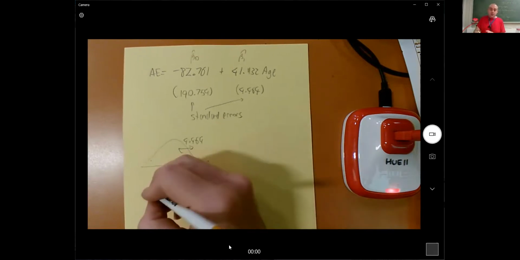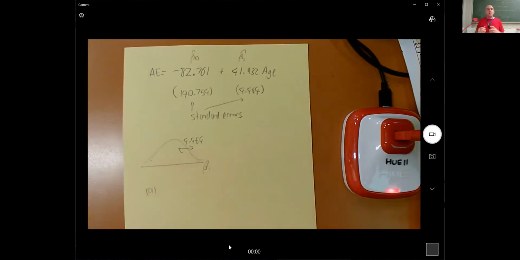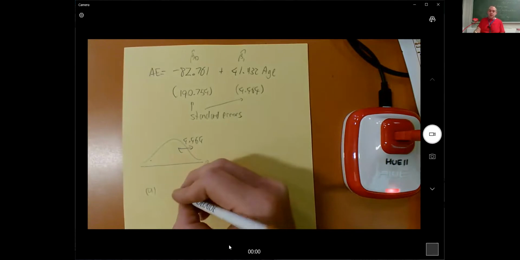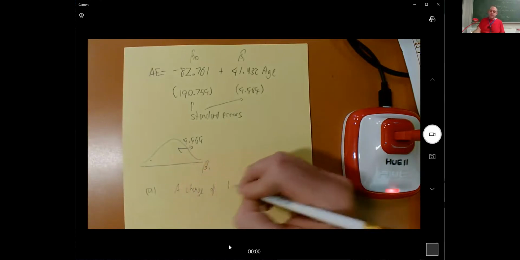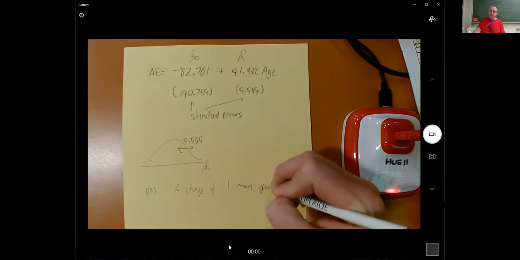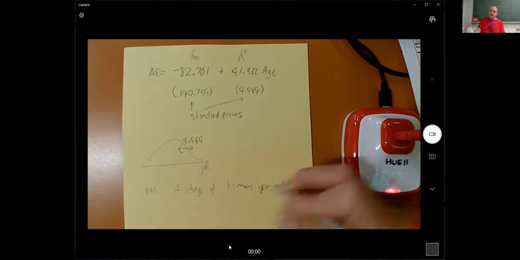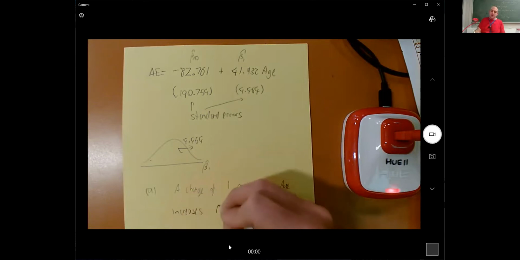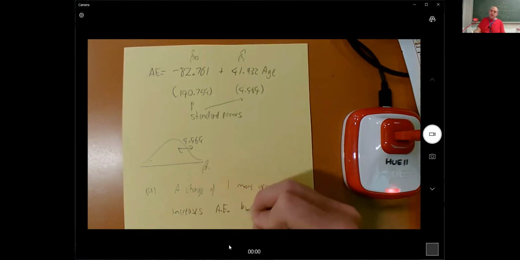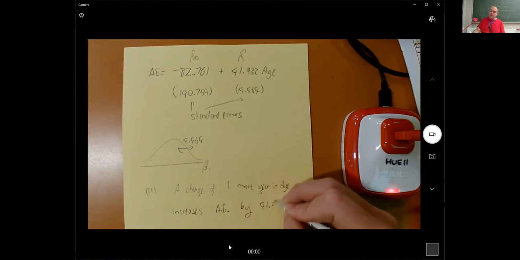So at the moment, my question A was, how much does a change of 1 year in age make a difference to the ambulatory expenditure? So I know that one more year in age increases ambulatory expenditure by $41.932 on average.